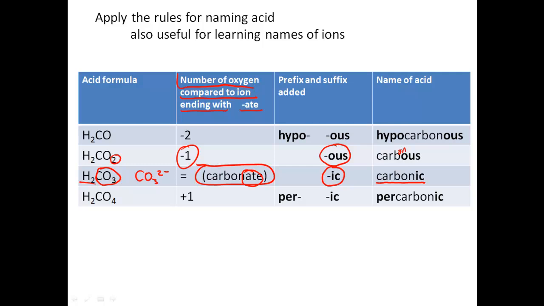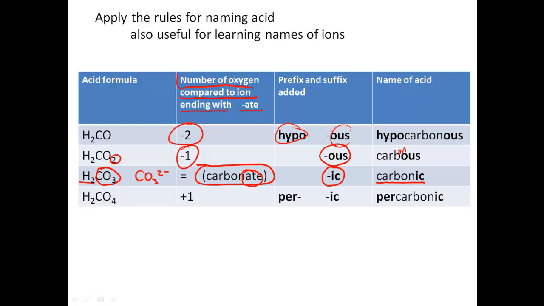Now we still had 2 oxygens, so we could take one more oxygen away and have 2 less oxygen than the anion ending with ATE, and we would put the prefix hypo in the ending OUS.